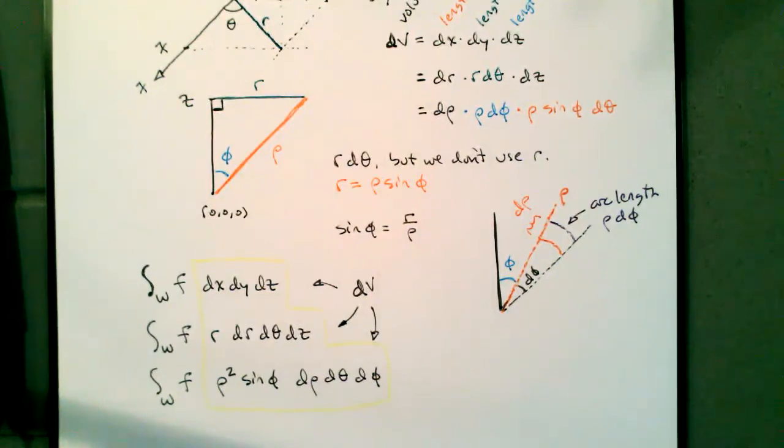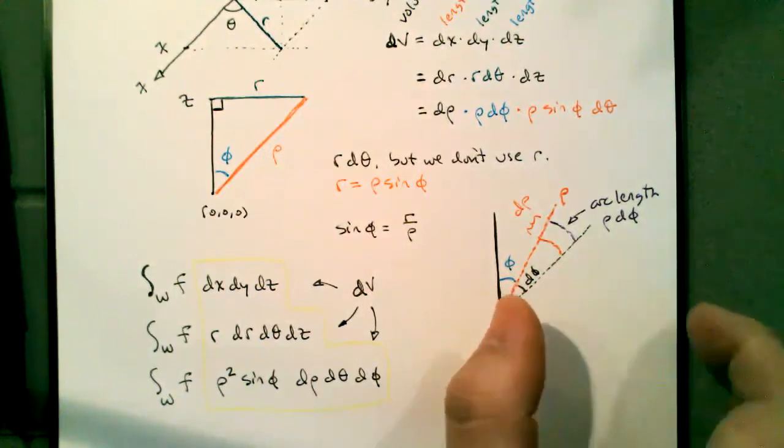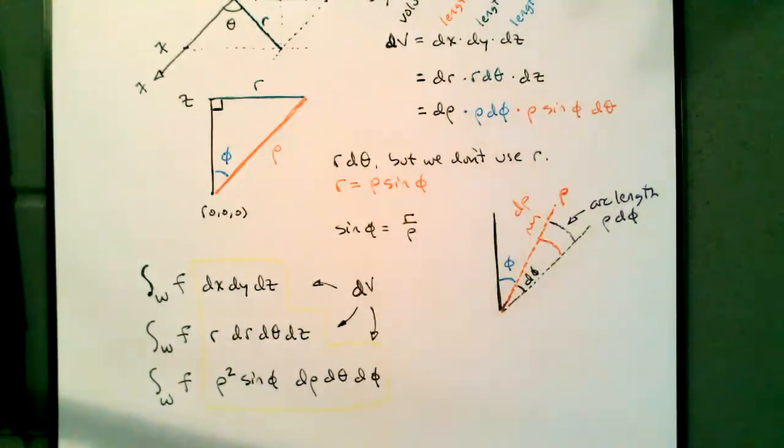But that rotation out of the page will be based on a change in angle theta down here. And for that, we can just do the same thing that we did with cylindrical coordinates and polar coordinates. How far is that point away from the origin, but only in the XY plane? That distance is called r in polar and cylindrical coordinates, but it's going to be rho sine phi in spherical coordinates.